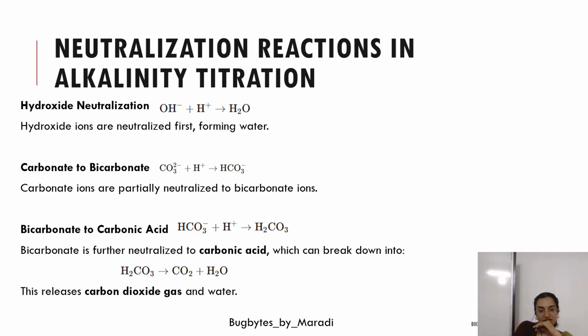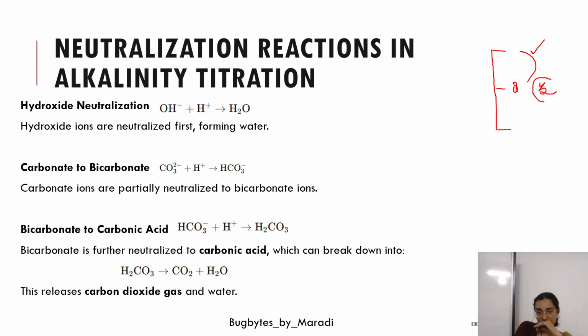If you consider this as a pH range, here you will be having the pH range. Just imagine this is 8.3. Till here, this is going to measure your hydroxide as well as half of the carbonate.